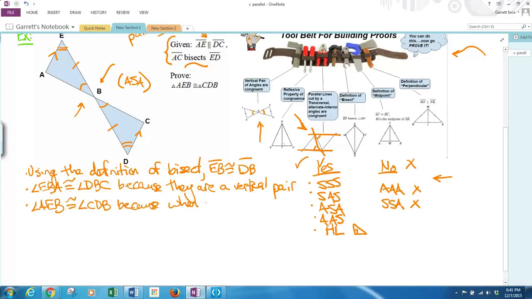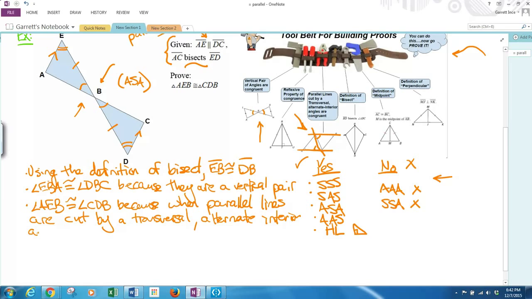Because when parallel lines are cut by a transversal, alternate interior angles are congruent.